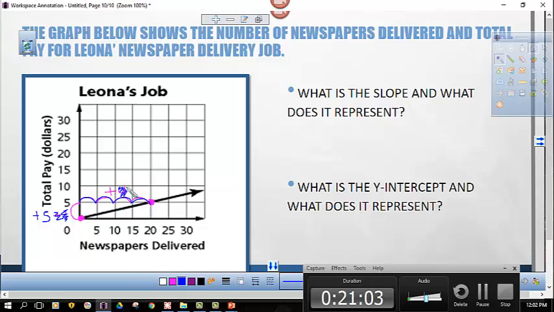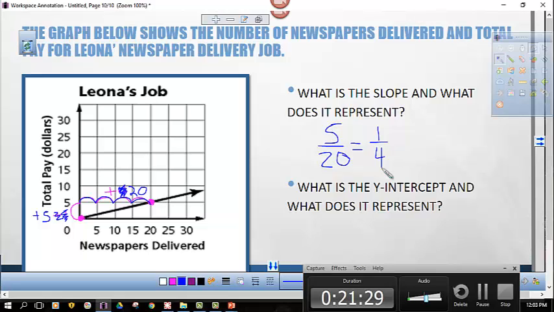You'd be surprised how many people put rise over run is 1 over 4 for this. It is not. It is 5 over 20. Now the nice thing is this actually does reduce to 1 over 4. That's not always going to be the case. You have to actually look and see what the intervals are doing on the graph.